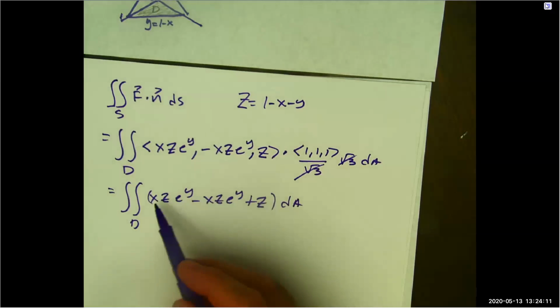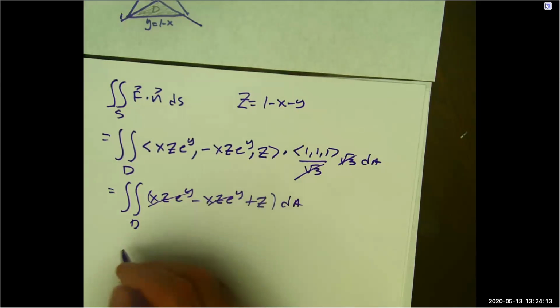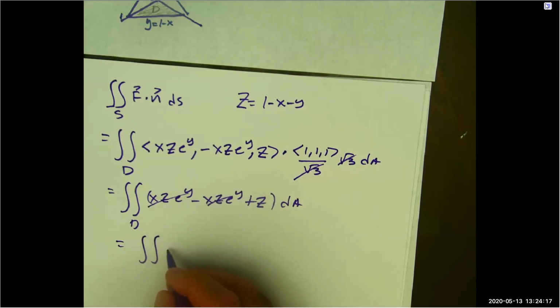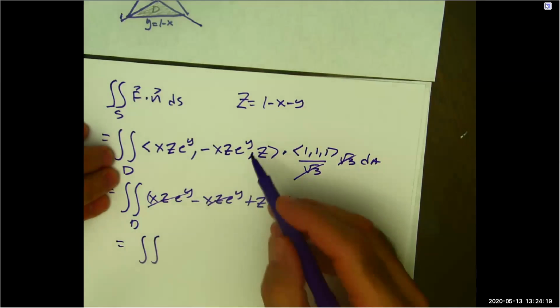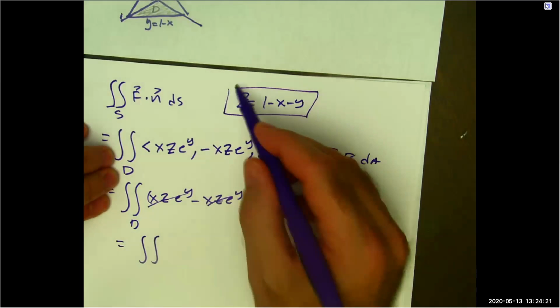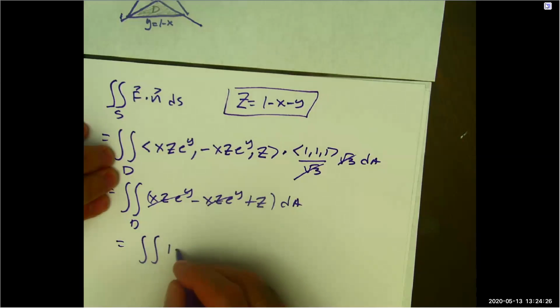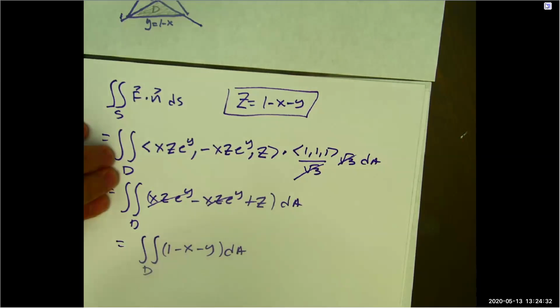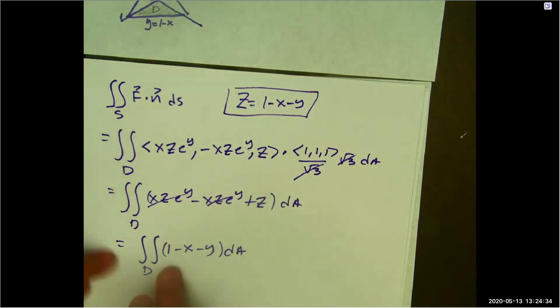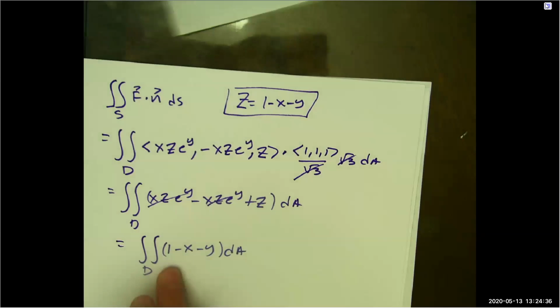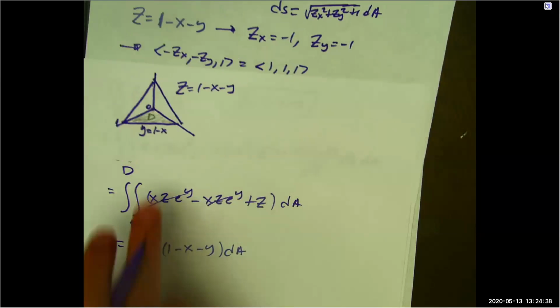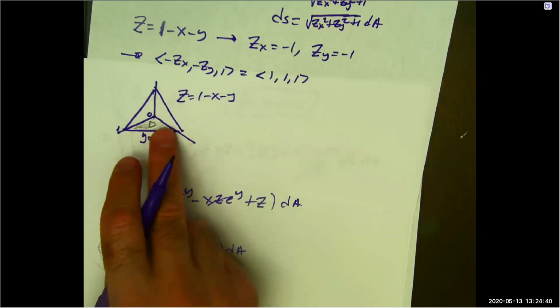And so these guys just cancel out, and I'm just integrating over z. And remember that z is equal to 1 minus x minus y. So I'll go ahead and put that in now. And now I'm just doing this nice double integral. So now I'm back in chapter 15, and I'm integrating this nice double integral over this nice type 1 region here.